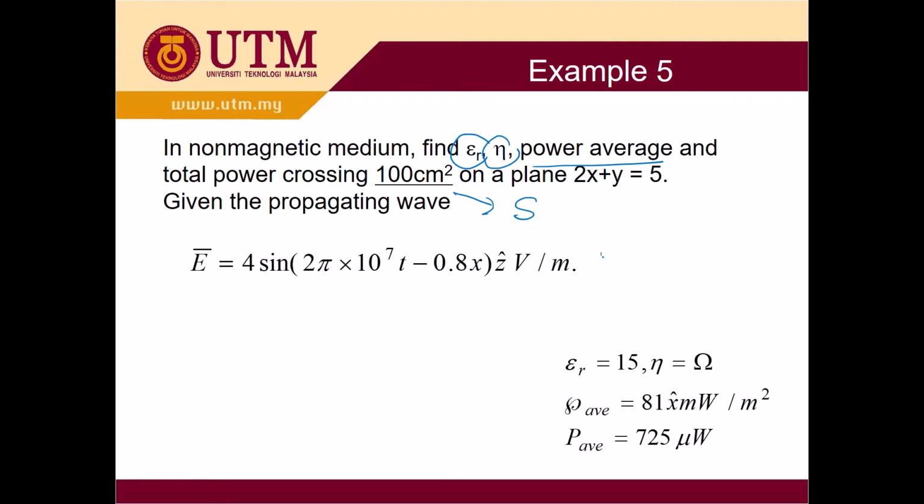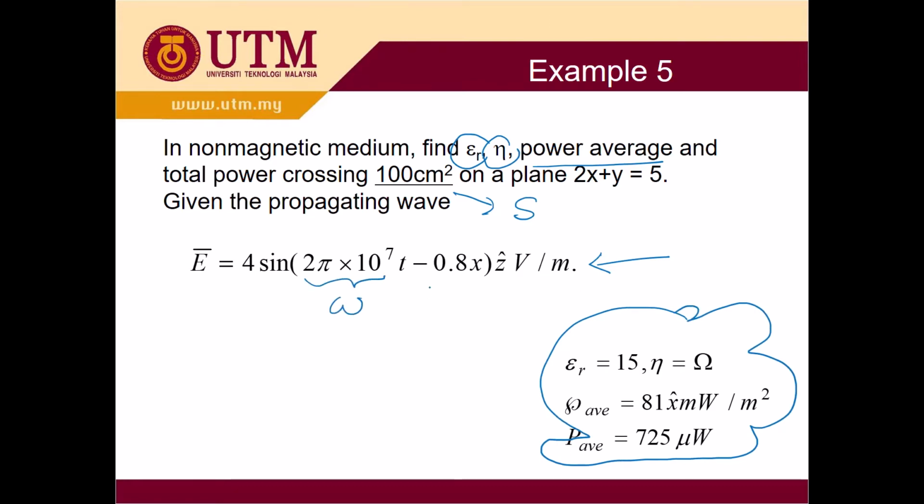So this is the expression of E. Here you know this is omega, this one is beta. This is the direction of propagation, x, and this is your E oscillating along z.